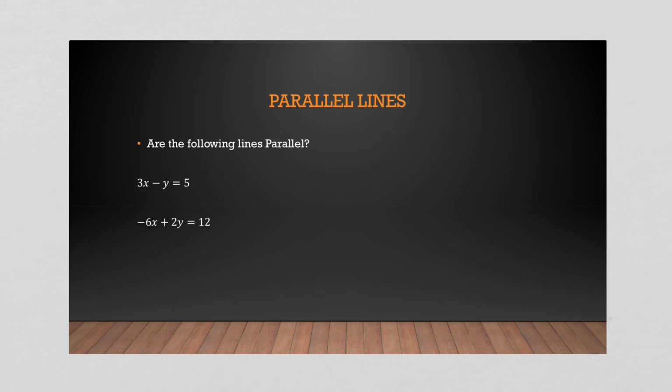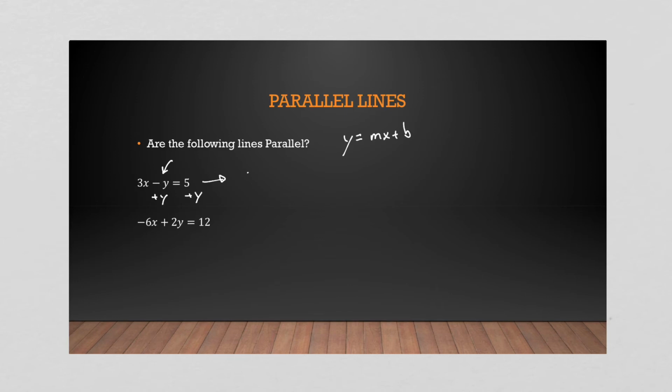So if you're given a couple equations and it's asking, are they parallel? Well, we need to check their slopes. So we're going to need to use some algebra to get into y-intercept form, or slope-intercept form. So now if you look here, I have my y by itself. There's no coefficient. I just need y to be positive. So rather than moving the x around like we normally would, let's just add y to both sides.